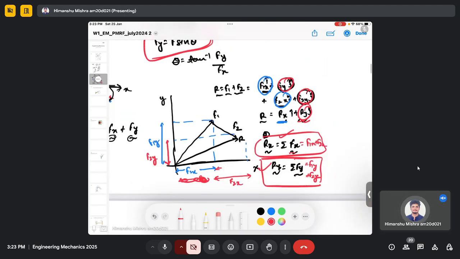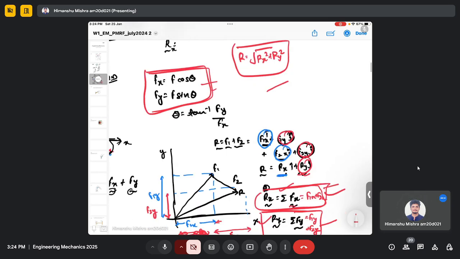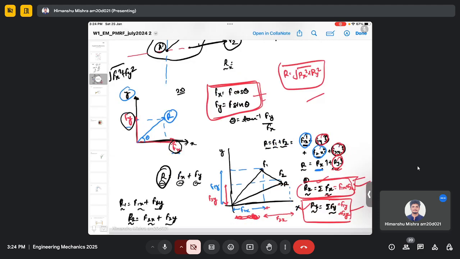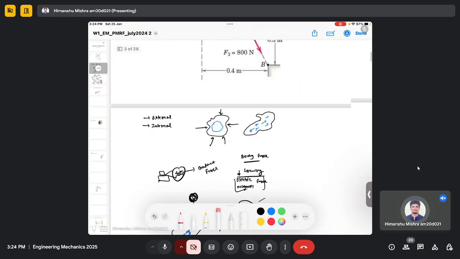Then, to calculate the resultant force in each component, you sum all the components of the forces in that direction, given by Rx and Ry, which are the summations of Fx and Fy respectively. The third point is that to find the magnitude, you use this expression. Whatever question we solve today, we will be using these three concepts. So let's start with the first question.